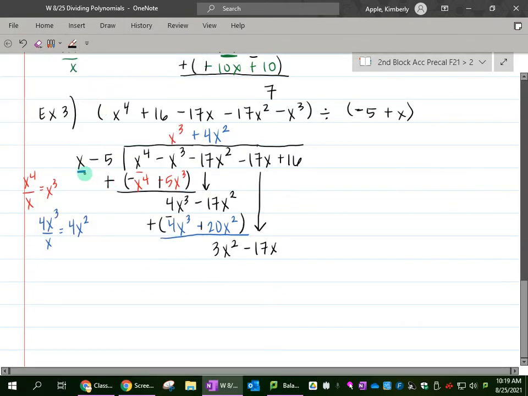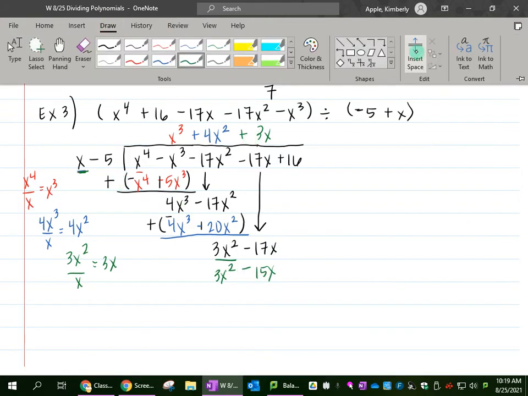Get another color. And we're going to divide it into this. So we'll have 3x squared divided by x, and that'll just give me 3x. Which would be exactly what I would expect, because I expect a linear term to come here. So then we'll have 3x squared. 3x times negative 5 is minus 15x.